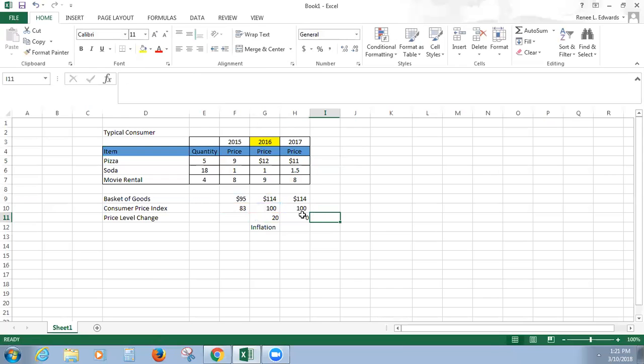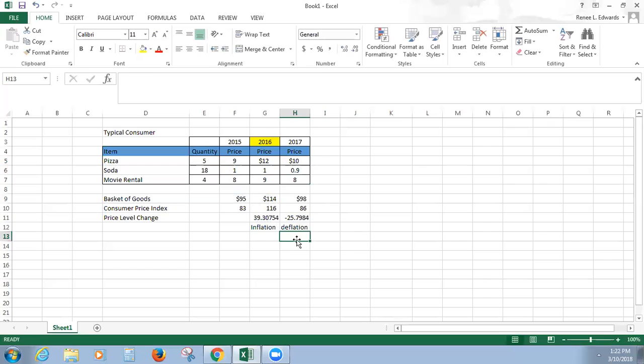Let's say by chance, though, the prices in 2017 had dropped from 11 to 10, all right, and from 1.5 to 90 cents, all right? What we see now is we would have had a negative rate of change, which would have been deflation.